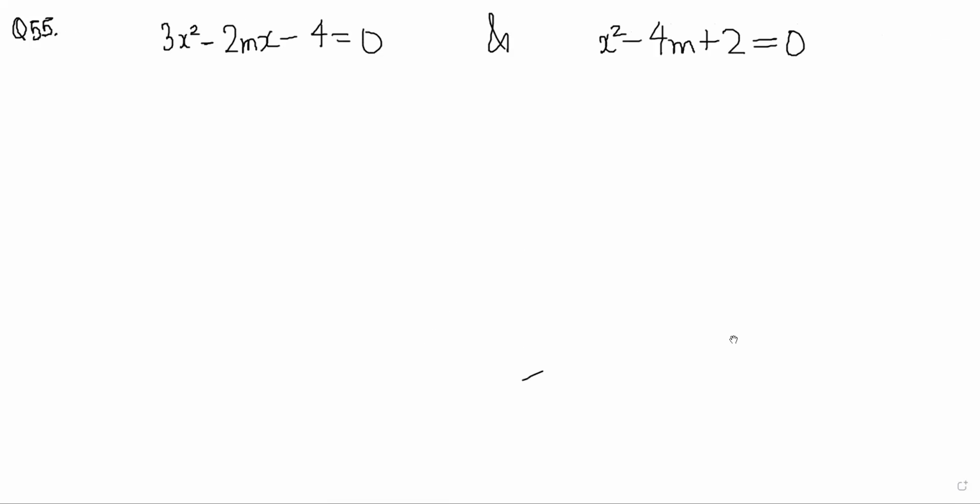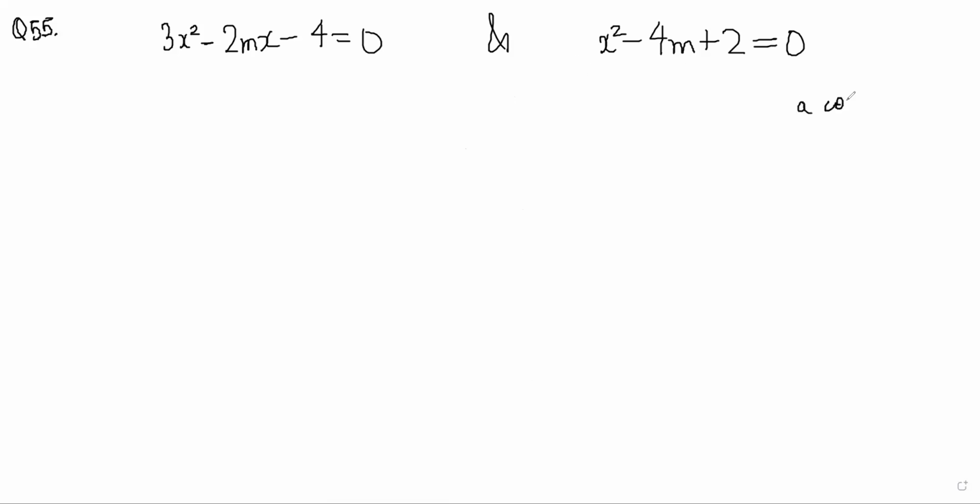That is slightly weird because there's no x term in the second one. It maybe is that the 4m is part of the C. There is no x term, so B is 0 here.